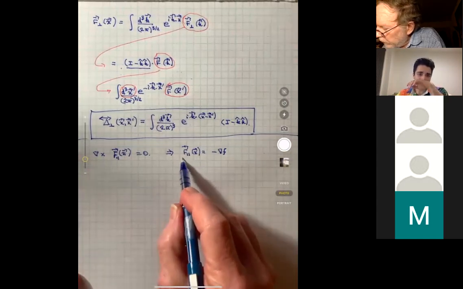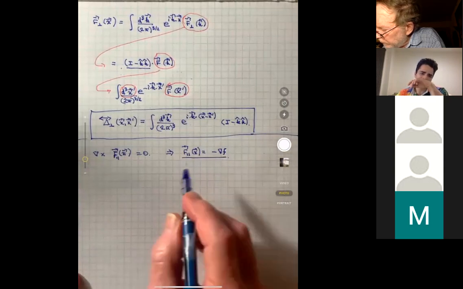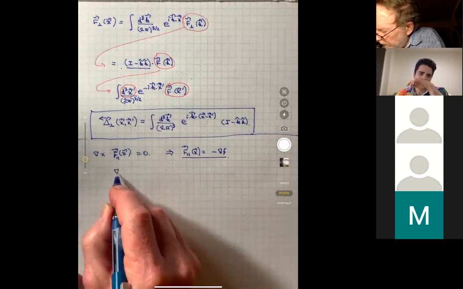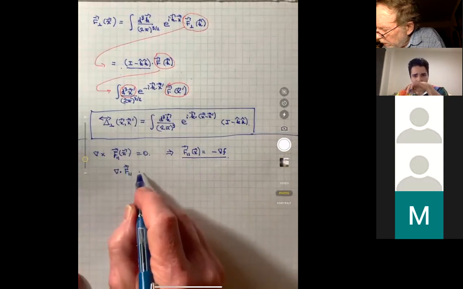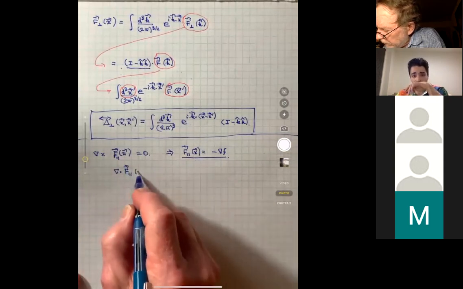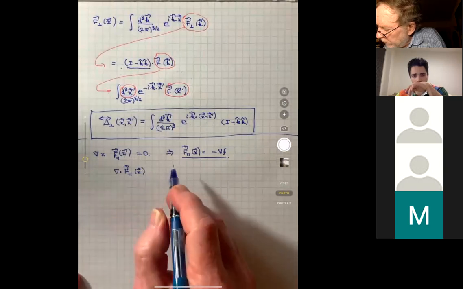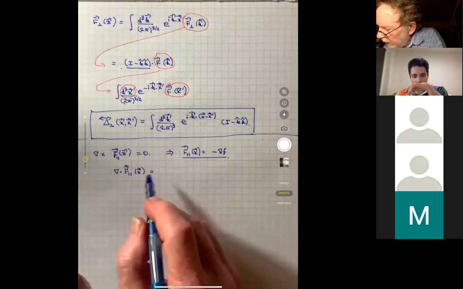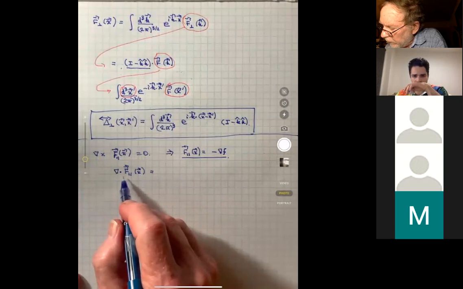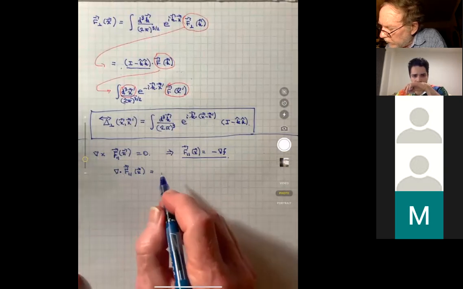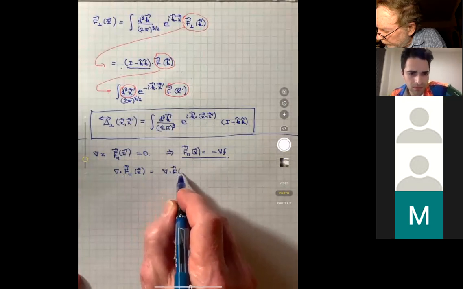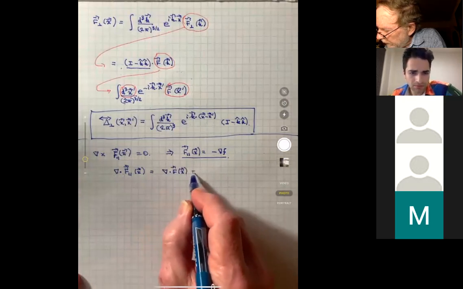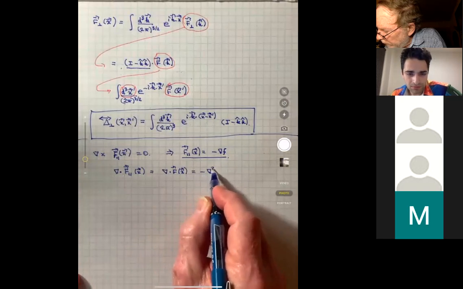I want to take the divergence of both sides of this equation. So I get del dot f longitudinal of x on the left-hand side. This is all in x space. However, the total f is f longitudinal plus f transverse, and the divergence of f transverse is equal to 0. So this is the same thing as the divergence of the original vector field f of x. And that's equal to, with the minus sign now, the Laplacian of f.